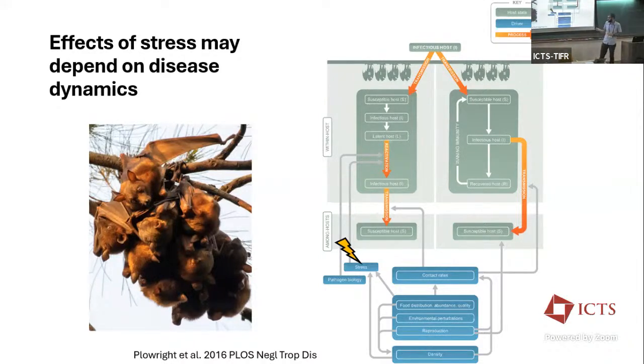So stress can play a lot in here. Stress may change all of these other things, but that's the other part of the equation that's unique to latent models, is that stress can directly affect whether you become infectious or not.